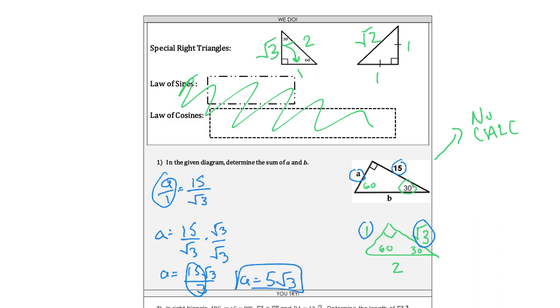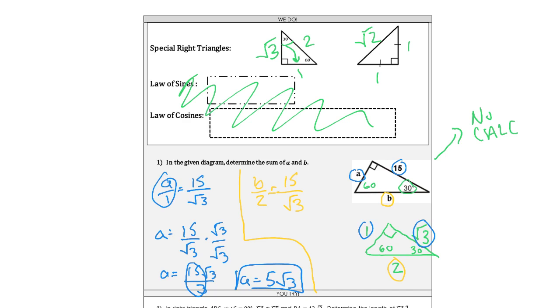Okay, so there's A. Now I'm going to do B. Okay, B over 2 equals 15 over radical 3.